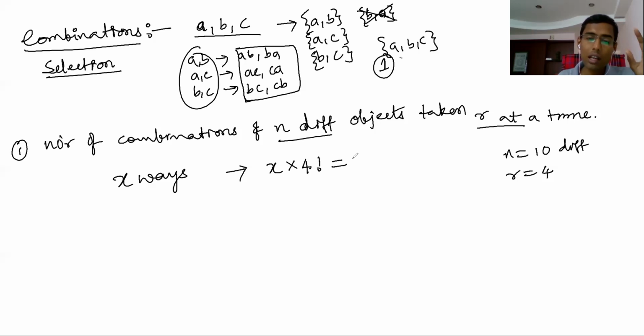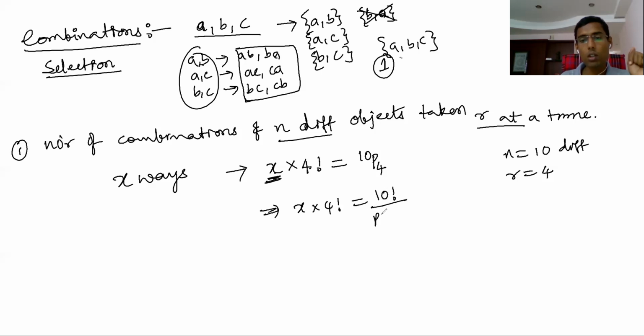If you select and arrange, then you get permutations. Here you selected x ways and then arranged, so you get 10P4 permutations. So x into 4 factorial equals 10P4, which is 10 factorial by (10 minus 4) factorial, that is 6 factorial.